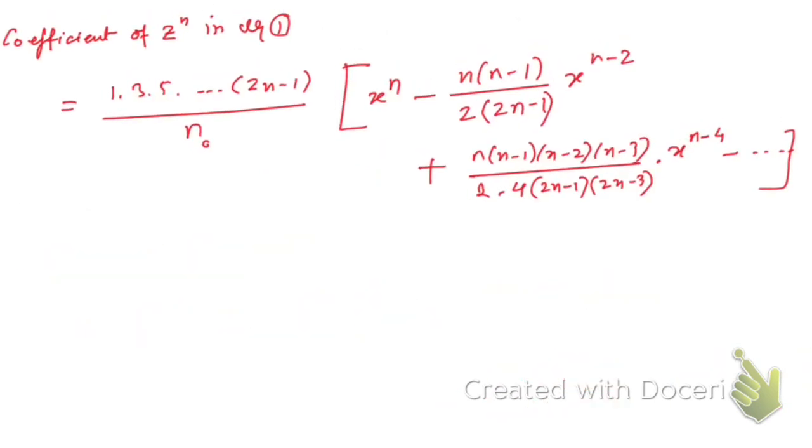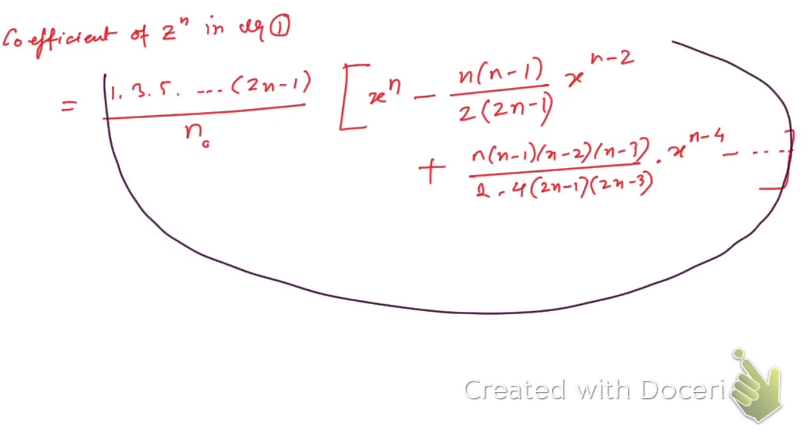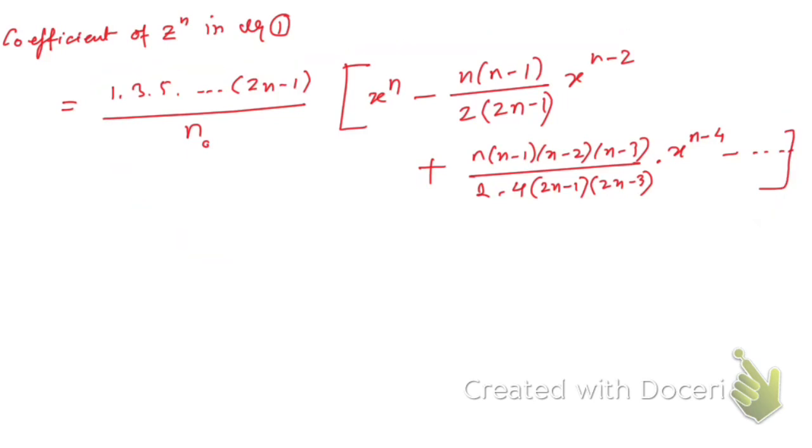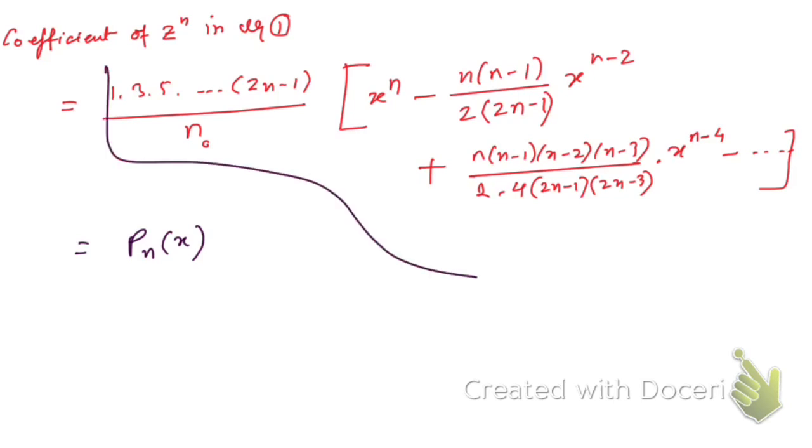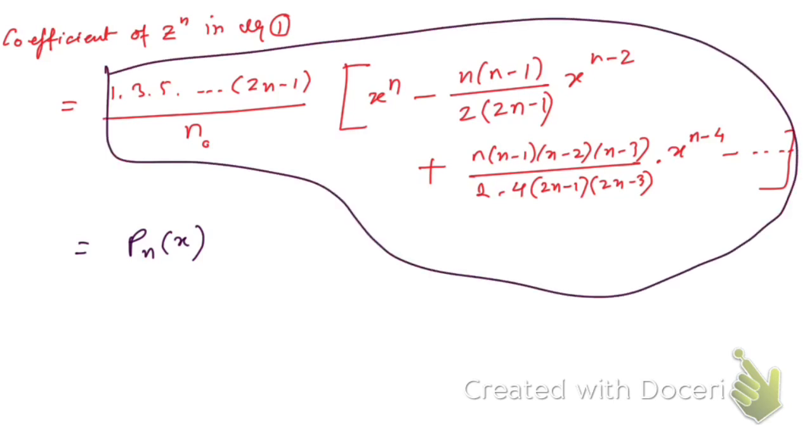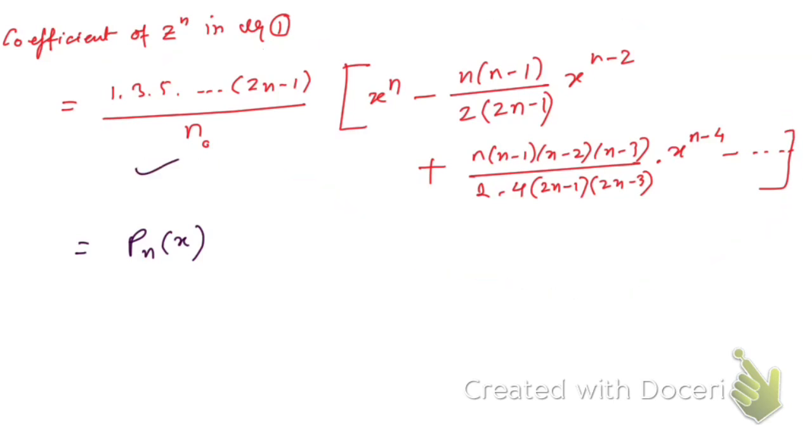Now you see, this entire term is nothing but Pn of x, the Legendre polynomial. And if you don't know this, then please do watch the video that is given in the description box. The link is given in the description below. This is nothing but the Legendre polynomial Pn of x, and it is the coefficient of z to the power n.